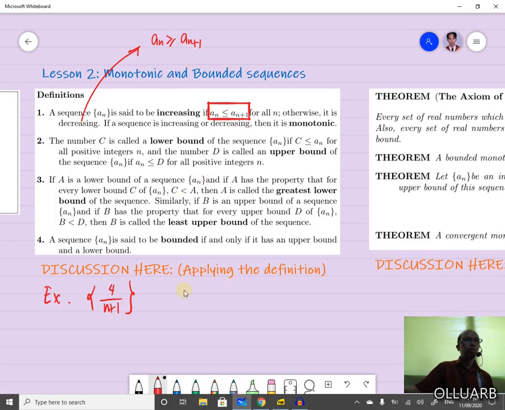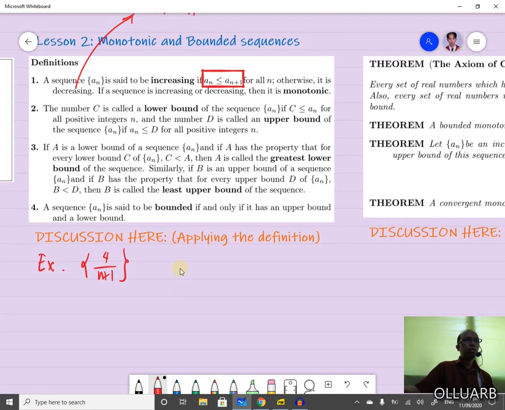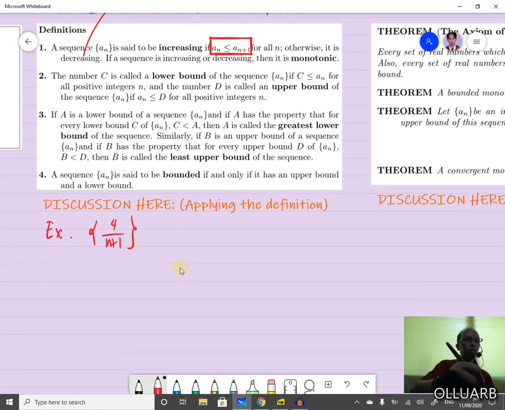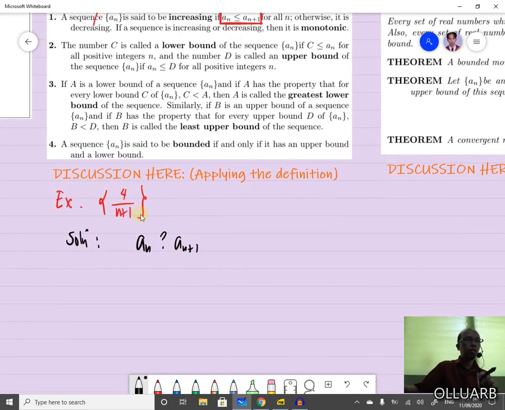let's try to solve this. Solution: we know from the graph that it is decreasing, so we plug in. This is our a sub n, and a sub n is 4 over n plus 1. So we compare this with a sub n plus 1.